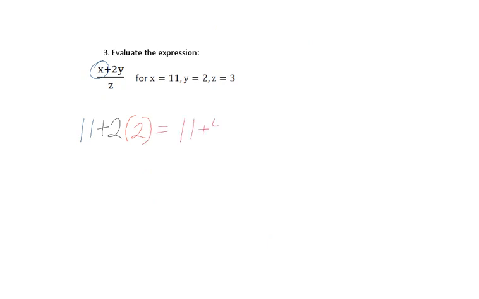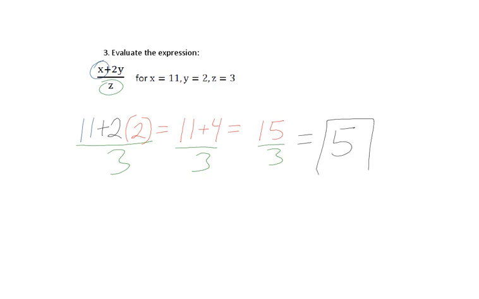Well, 2 times 2 is 4, and 11 plus 4 is 15. So the top is over. As for z, z is 3. And finally, 15 divided by 3 is 5.